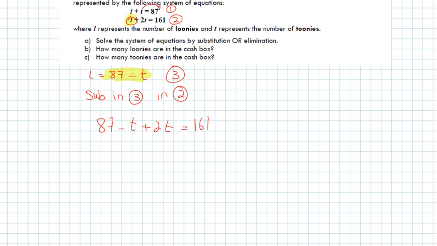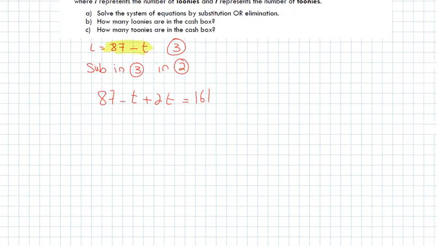Now you see that I only have one type of letter. It's only T, right? And the rest is a number. So 87 minus T plus 2T. What can I do here? What do we call it? Like terms. Collect like terms. Minus T plus 2T, what do I get?